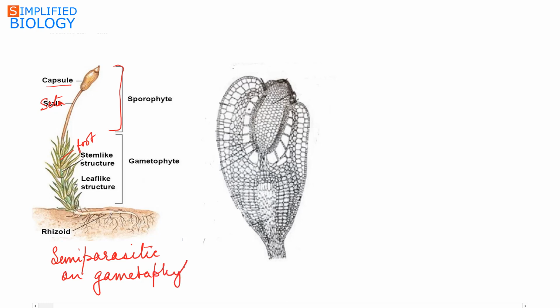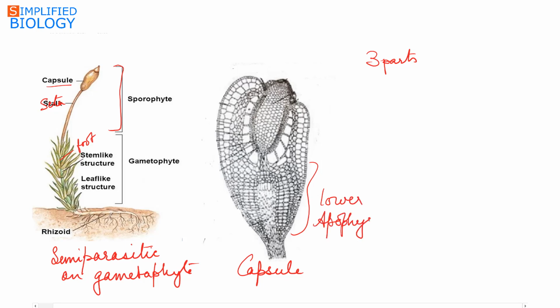The capsule of the moss plant is an elaborate structure that can be divided into 3 parts. It has a lower part, the apophysis, cells of which contain chloroplasts, hence it is photosynthetic.